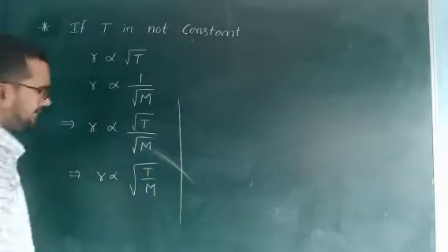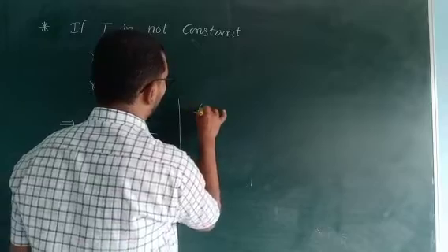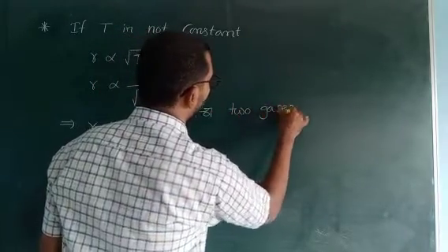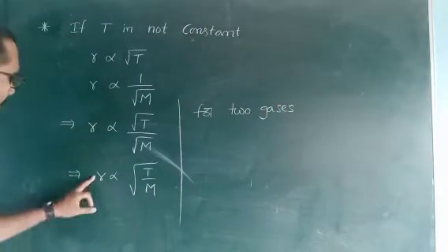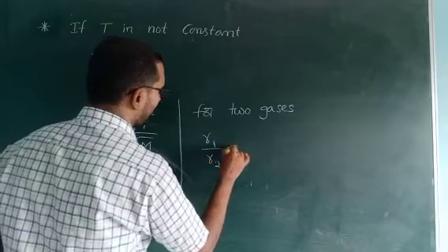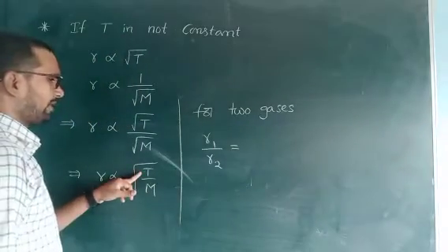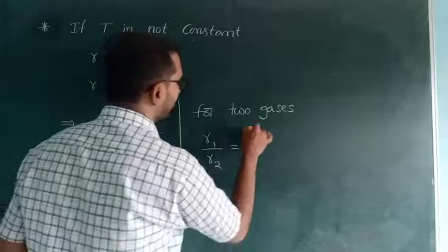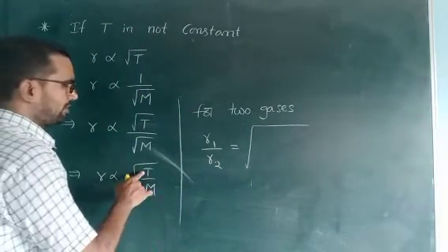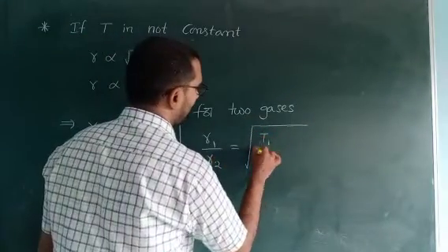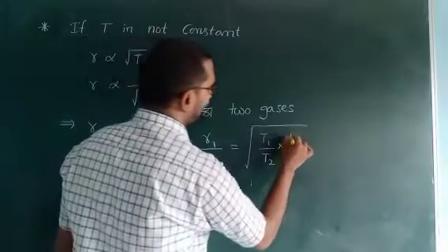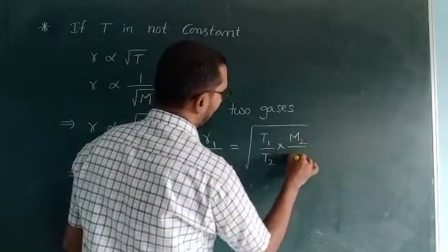Now for two gases, what will happen? Very simple. R1 by R2 is equal to, the terms are present in square root, so square root common. This is numerator, means T1 by T2, into, this is denominator, M2 by M1.